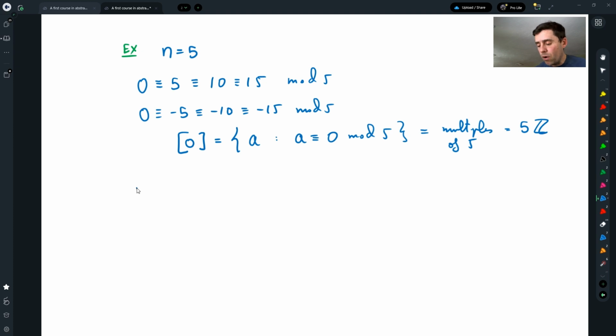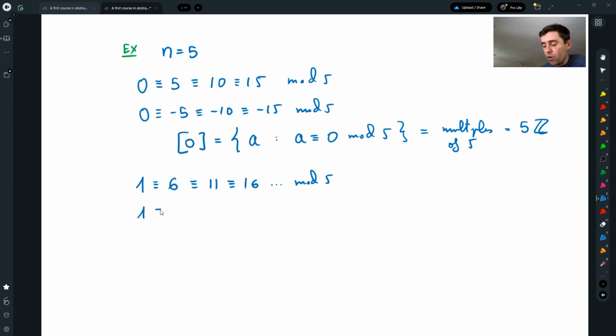What are the numbers that are congruent to 1? Well, a number minus 1 is a multiple of 5. So if I add 5 to it, I get numbers that are congruent to 1. So 1 is congruent to 6, and 11, and 16, etc. Those are all congruent modulo 5. And if I subtract 5, that's also congruent.